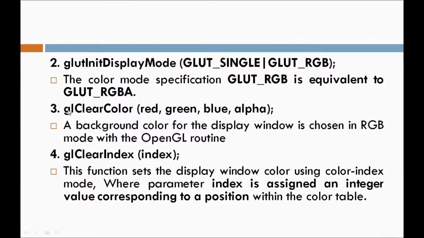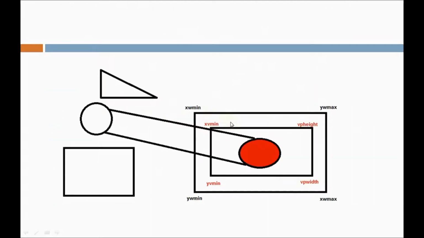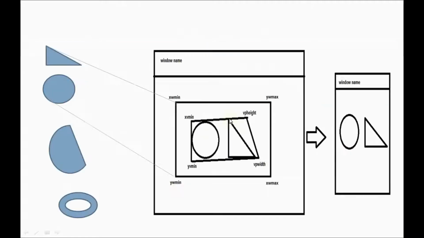And along with that you have the command GL clear color. This is mainly used to set the background color for the display window, any color you like. In our example, the display window color is white only.